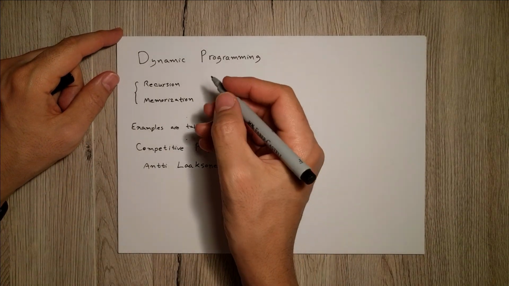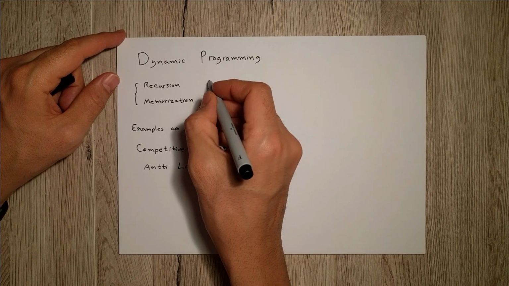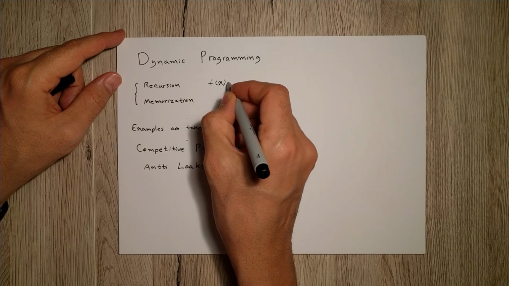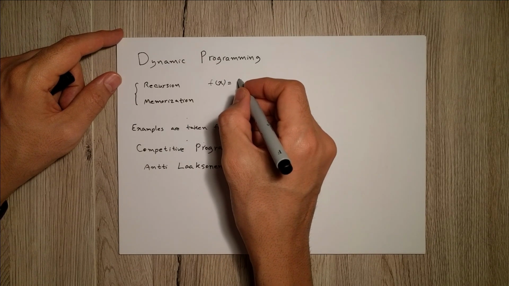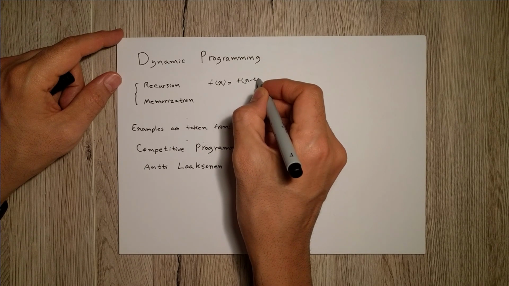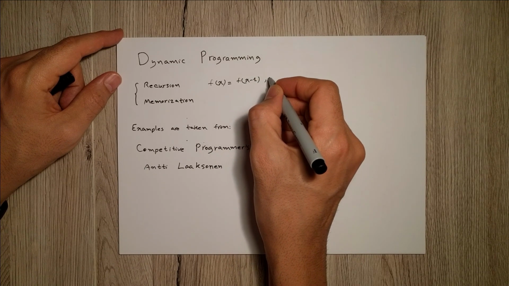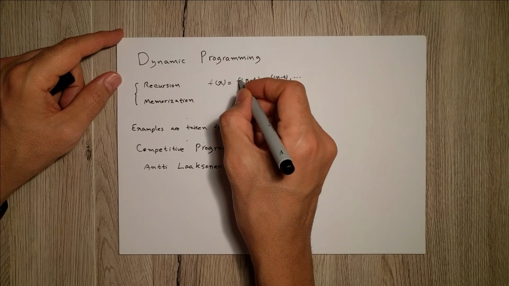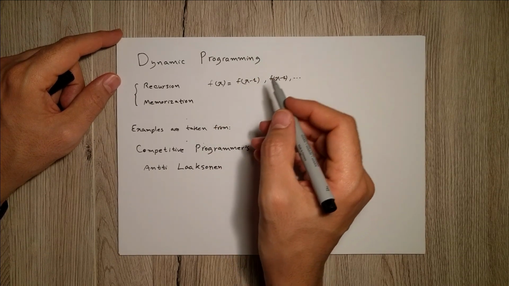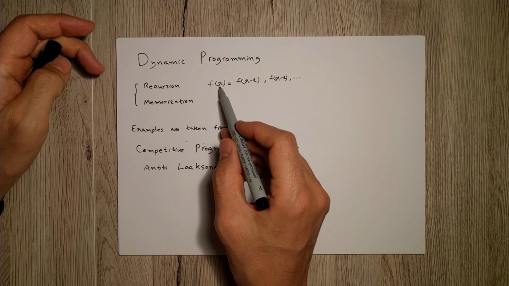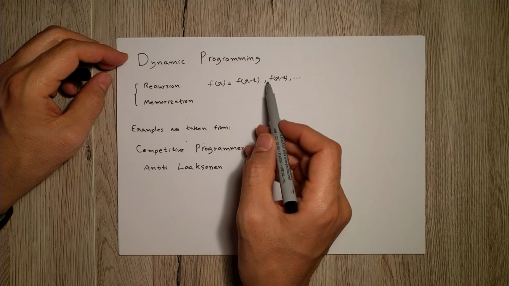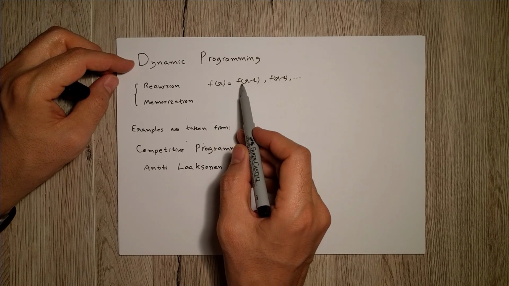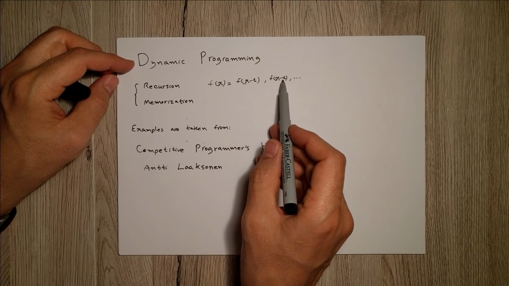So yeah, recursion means you somehow relate f of x to f of, let's say, x minus 1, x minus 2, and so on. When you want to compute f of x, which is based on f of x minus 1 and f of x minus 2, you call f of x minus 2 here, and f of x minus 3 there.